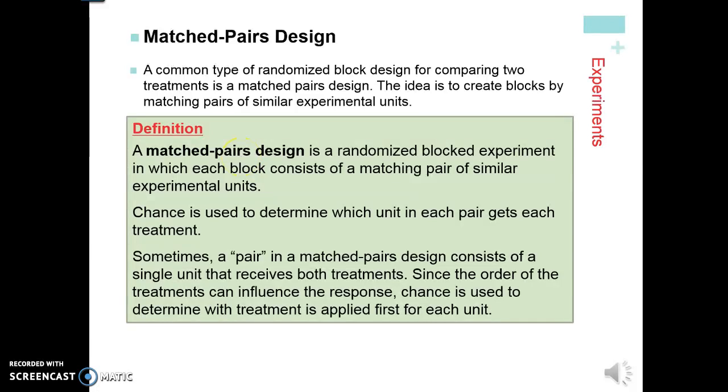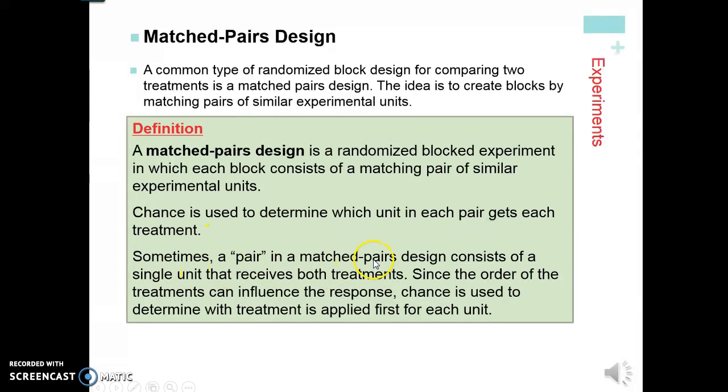All right, so with a matched pairs design, our goal is to create blocks by matching pairs of similar experimental units. Okay, so you're either going to have 2 people matched as the same, one person gets one treatment, the other person gets the other, or it's an example of a before and after.